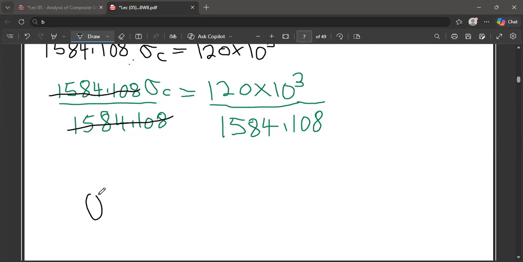That is, this can now be written as our stress in our copper.